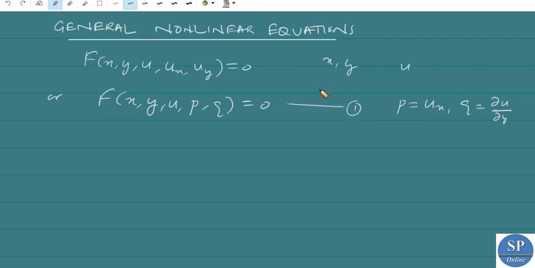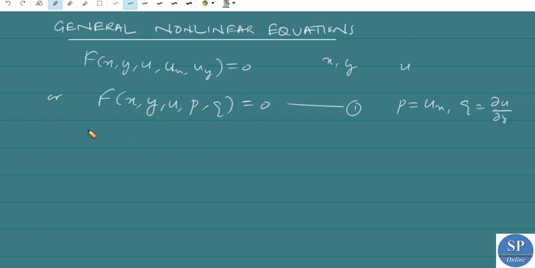Here we are going to develop a method to find the solution of this general nonlinear PDE. We already discussed the method of characteristics to solve quasi-linear PDEs. The method we are going to discuss here is the generalization of that characteristic method.